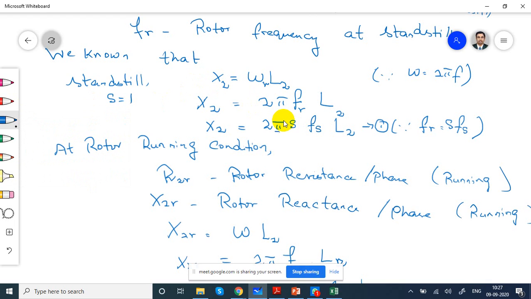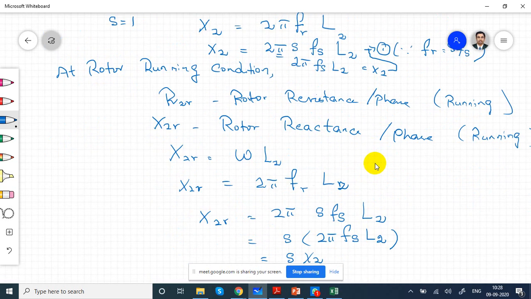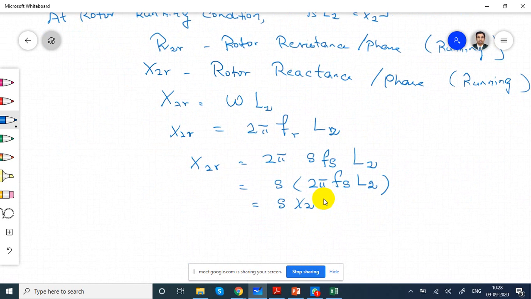Then again 2 pi into fs into L2, which is equal to X2. This is my equation number 1, at standstill s equal to 1. So s into 2 pi fs into L2, we take from equation number 1, so X2R equal to s into X2.